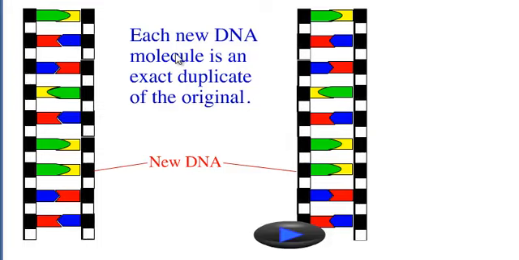So now we have 2 identical DNA molecules, and each is an exact copy of the original. And again, this is semi-conservative because in each new DNA molecule, 1 strand was from the original and 1 strand is new. Same thing here. 1 strand was from the old original molecule and 1 strand is a new molecule.